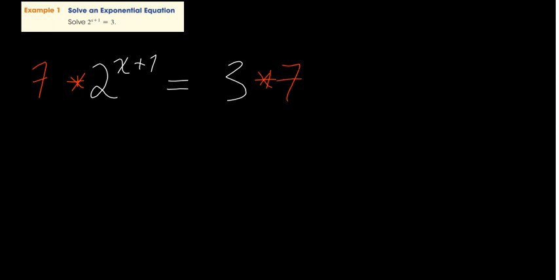Similar to how, if we wanted to, we could multiply both sides by 7. We can do that because what we do to one side, we do to the other.